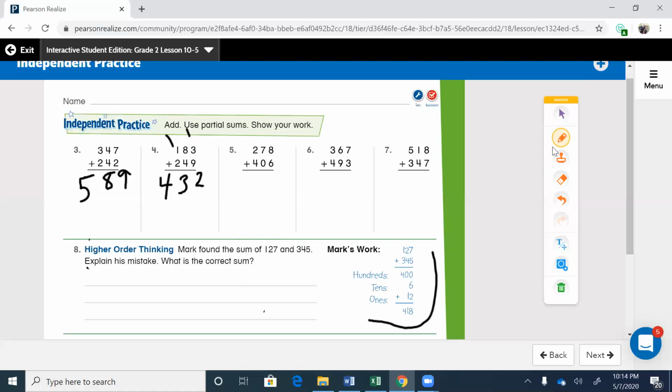Mrs. Stevens is going to actually study partial sums herself, so that I can teach it the right way. I've never added that way before. I don't know, it just doesn't come natural to me, but it might come natural to you. So I'm gonna study up on that and find out where I went wrong, or maybe one of you can let me know.